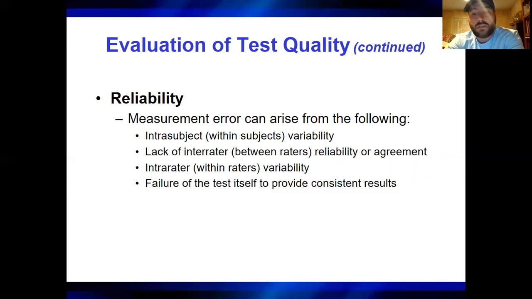Okay, lack of inter-rater reliability. Let's take the 40-yard dash for an example. Nowadays, it's not too bad, because we do have the ability to use laser timers and stuff like that. So as soon as somebody breaks the beam on one end, the timer starts.